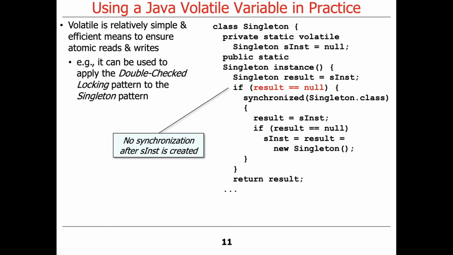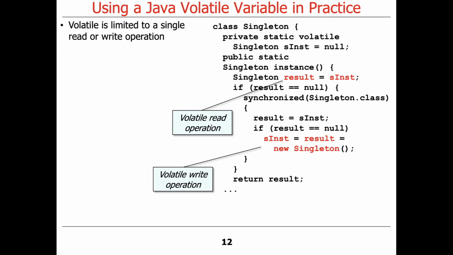So no synchronization is needed after the first instance of the singleton is initialized. That saves your bacon from multiple initialization using the double-checked locking optimization pattern. What makes this all work are these atomic read and write operations. Here we're reading from the volatile atomically, and here we are writing to the volatile atomically. That's just giving you a sense of how this pattern works.